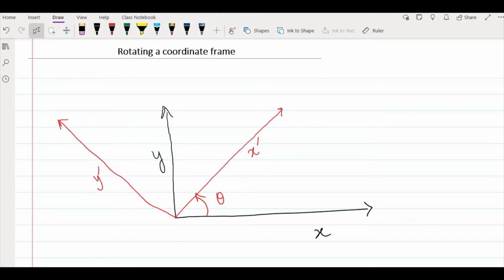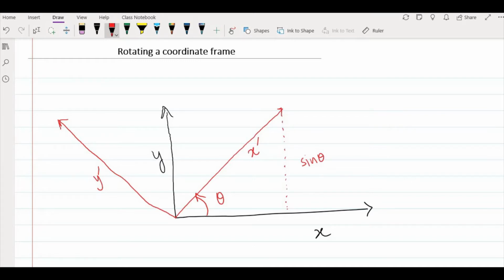If we draw the projection of our new coordinate frame, the new x component, which is x prime, can be split into x and y components. If we see the projection of the new x coordinate in the old coordinate system, xy, this component will be sine theta, and this component will be cosine theta.